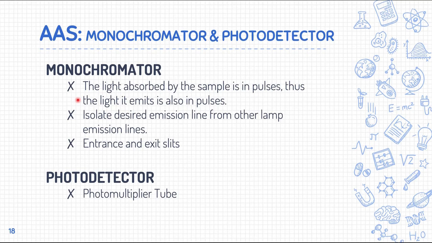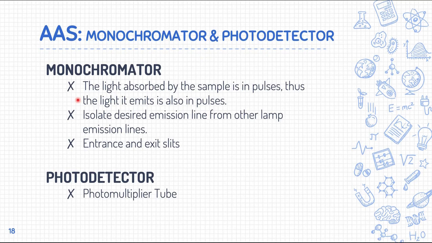Sir, madam, maybe you are wondering why the pulses are so important? I want you to remember this. In your atomic absorption spectrophotometry, there are two types of light: the light coming from your light source, whether it is an electrodeless or a hollow cathode lamp, and of course, when you are using your flame atomizer, there is also light coming from your flame, correct?